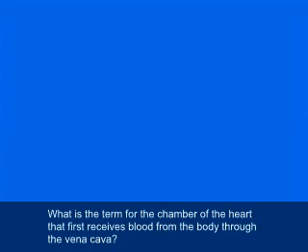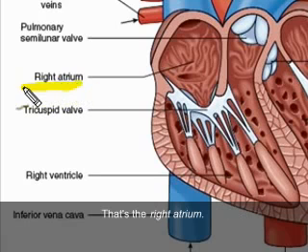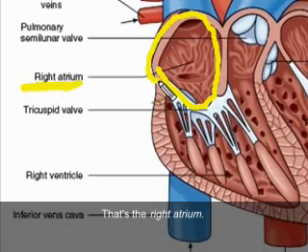What is the term for the chamber of the heart that first receives blood from the body through the vena cava? That's the right atrium.